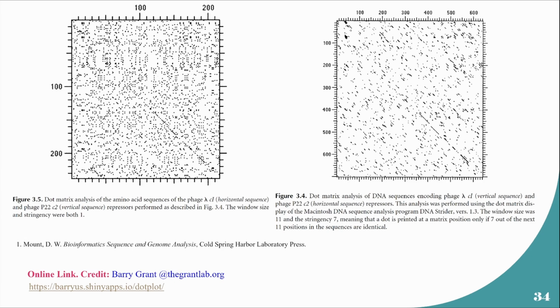So basically DNA versus DNA, and then another one is protein versus protein dot plot. In which of these cases do you think you would expect the noise to be more?